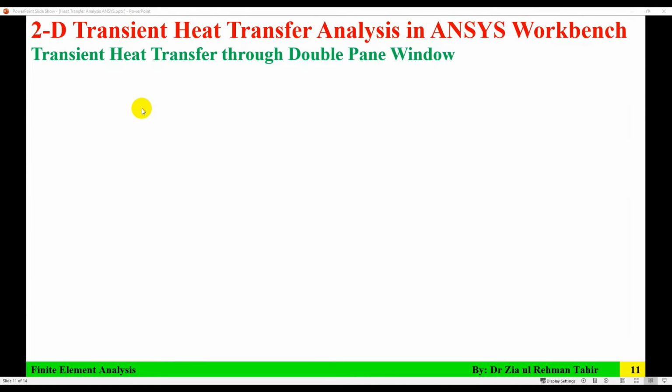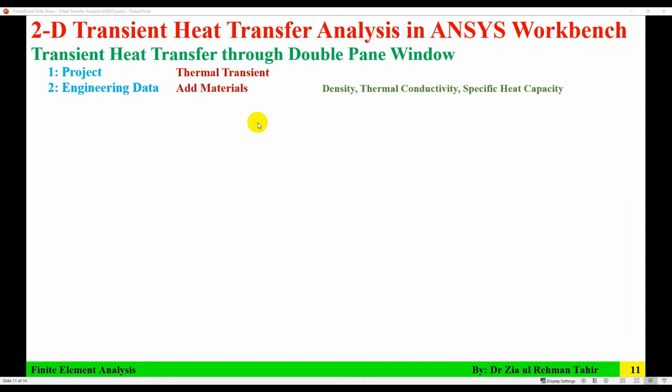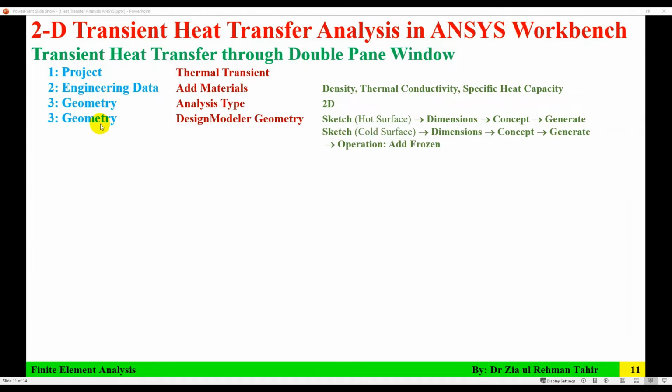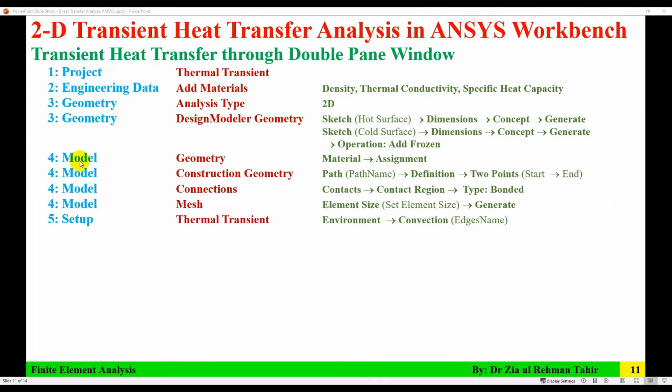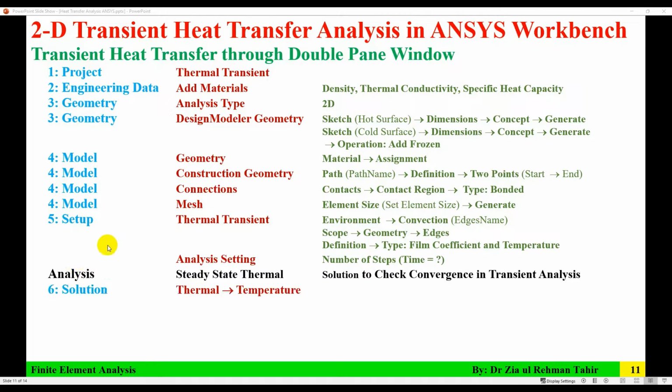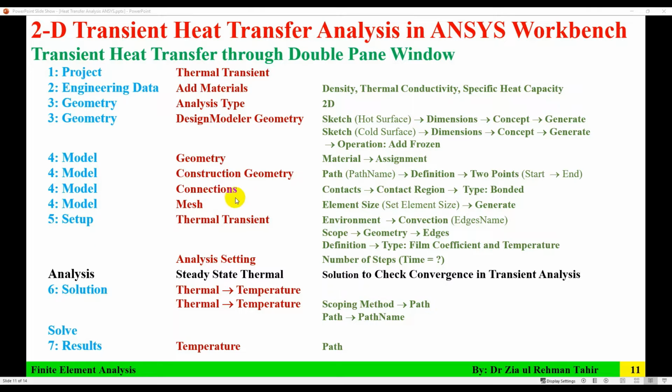So these are the steps to perform transient heat transfer analysis in ANSYS Workbench. The first is the project, then engineering data, geometry, and then different steps in geometry, then model, different steps in model, then setup, that is analysis, and then solution, and then the results.